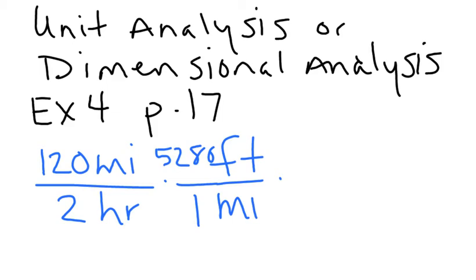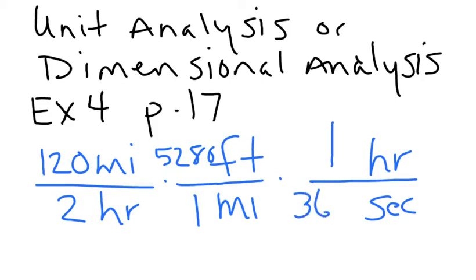Well, there's 3,600 seconds in 1 hour. How do I know where to put them? Hours need to go up, so it'll cancel with the other hour. Seconds needs to go down. So 1 hour, 3,600 seconds.